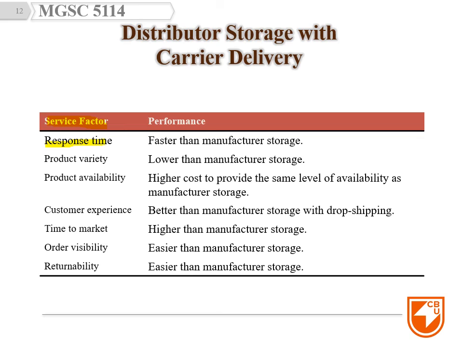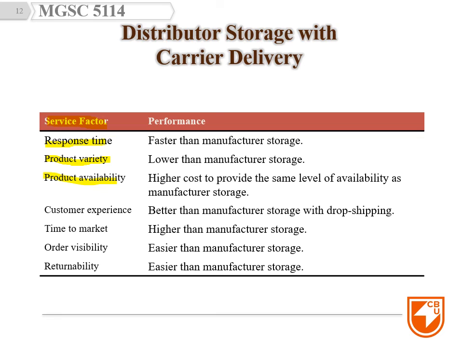So it's going to give us the power to respond to demand faster. In terms of product variety, because we are not connected to the manufacturer place and it's very costly to store so many different varieties of products in warehouse storage or retailer, the variety is a little bit lower than other options. In terms of product availability, it follows the same trend that you see in product variety.